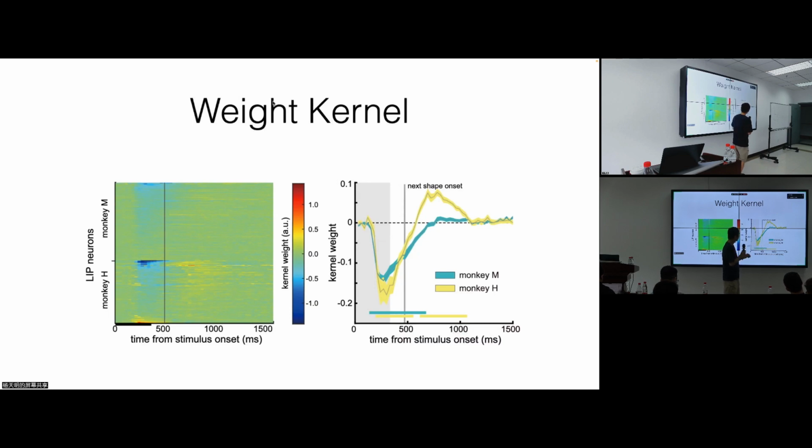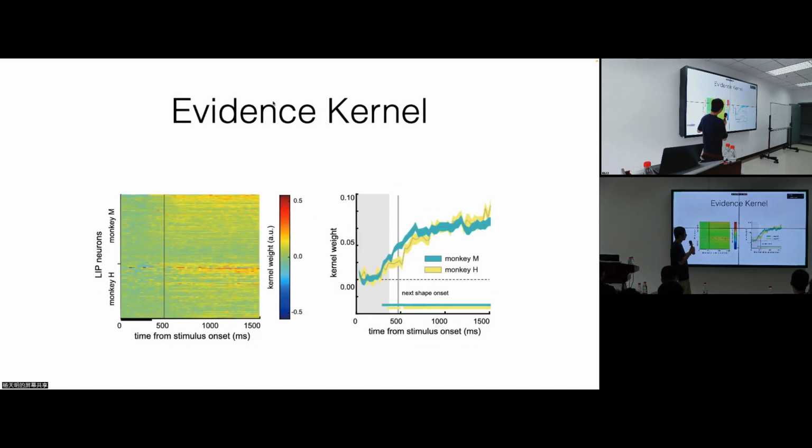For both monkeys, that's the case. There's a strong negative response for the weight, meaning that if the weight is positive, indicating loss of reward, LIP neurons will be suppressed, regardless of which target or which color it is.